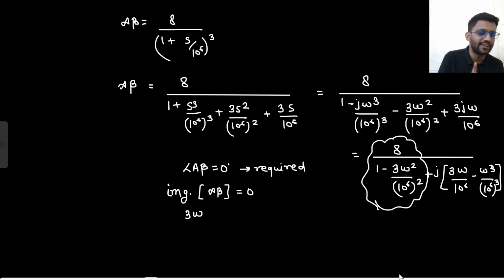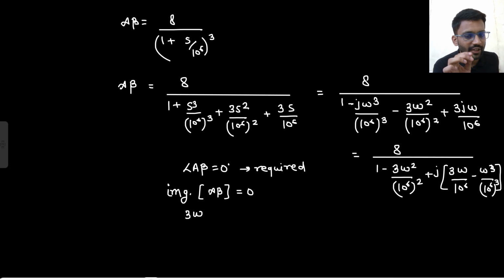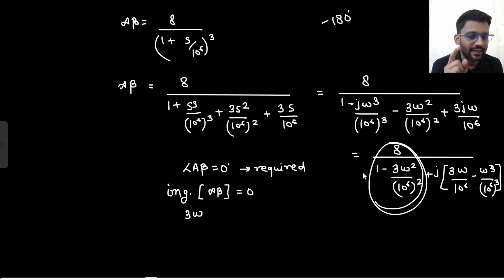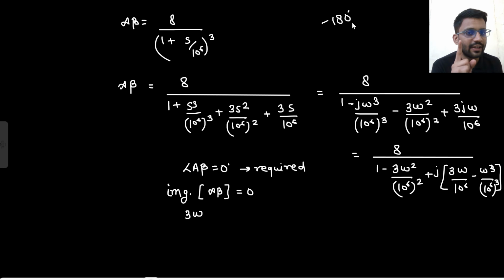If I need 0 degree phase shift, I want this A beta to be real. Now some people will say, sir, what if this value becomes negative? If this particular value becomes negative, then your phase shift would be 180 degrees.